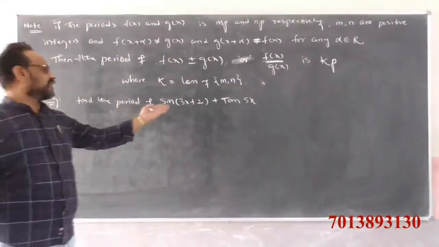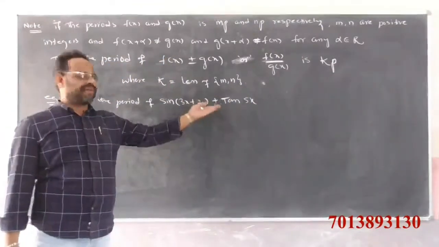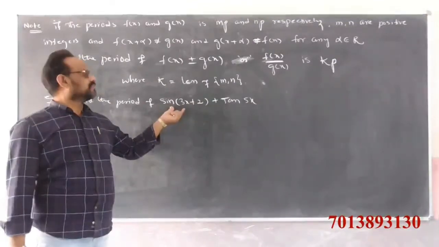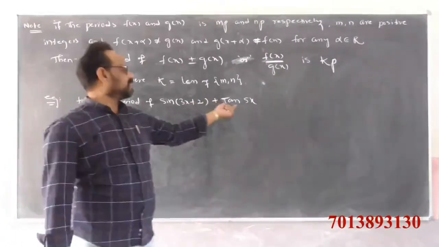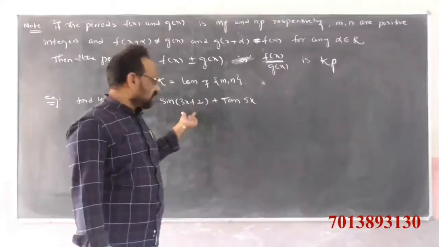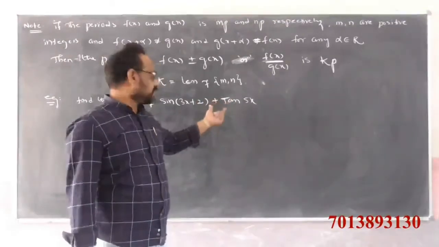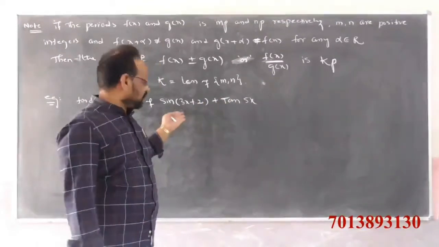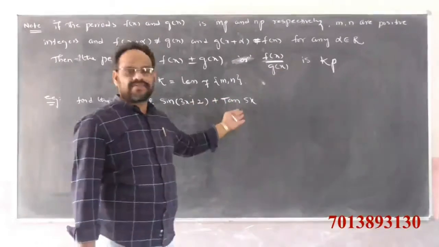Find the period of sin 3x plus 2 plus tan 5x. This is f of x, this is g of x. First of all, we find the period of this one and the period of this one.